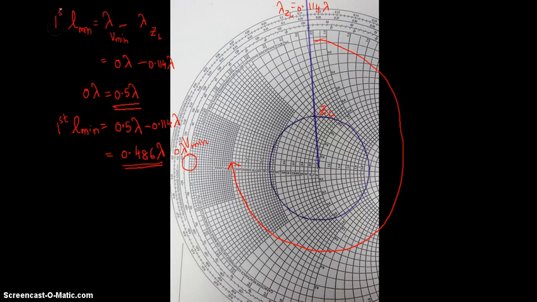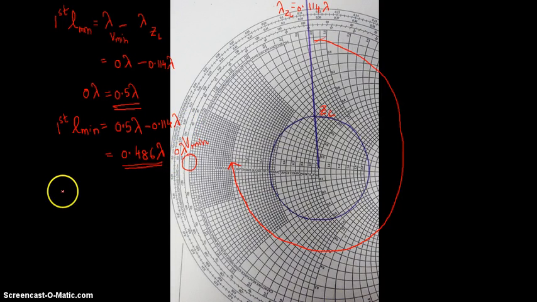This is our first L minimum. From your load, which is at 0.114 lambda, you move clockwise through the circle and you reach the minimum. Always remember that you will move clockwise and reach the minimum. Once you take a full circle, this 0 is actually equal to 0.5. So you take 0.5 minus 0.114 lambda, which gives you 0.486 lambda.